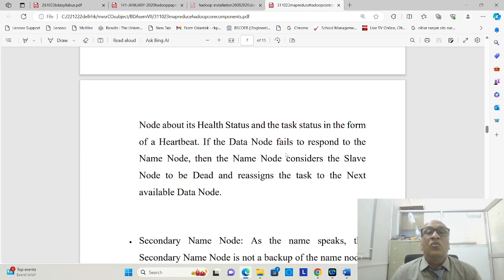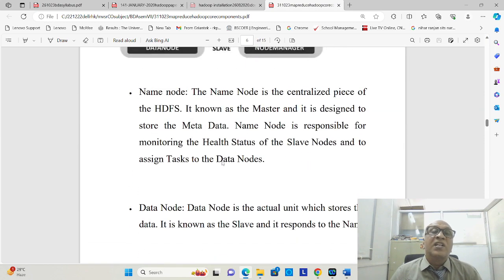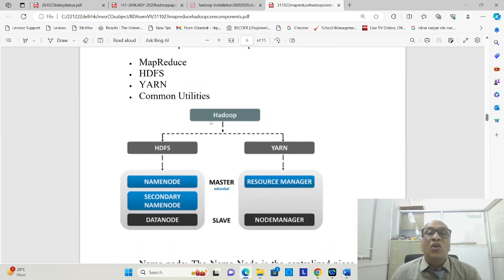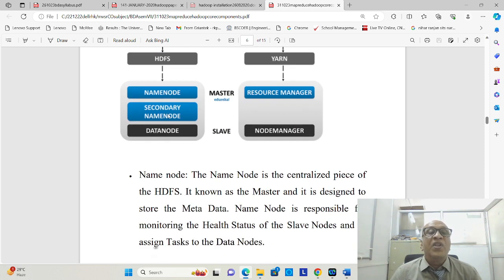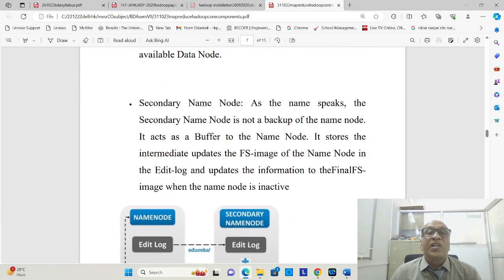If a data node does not respond to the name node, then the name node assumes the slave node is dead, and whatever task was assigned to that slave node, the name node will reassign to the next available data node. Let us look again at the core components of Hadoop. HDFS, under HDFS the name node, and then data node and secondary name node. So let us look at the secondary name node.